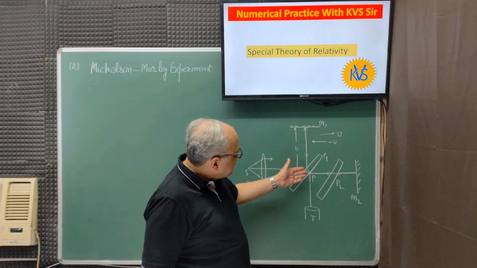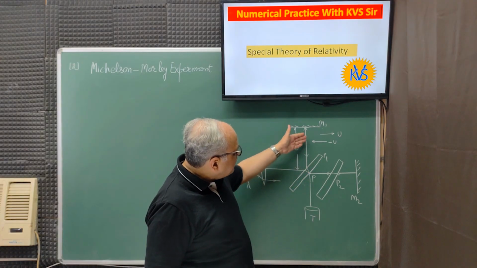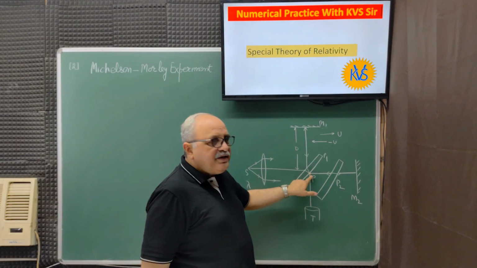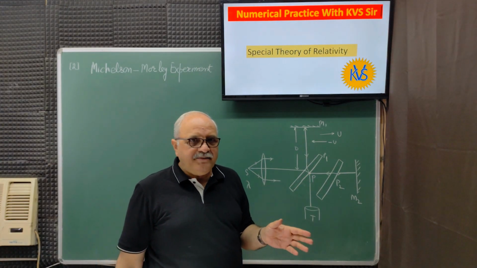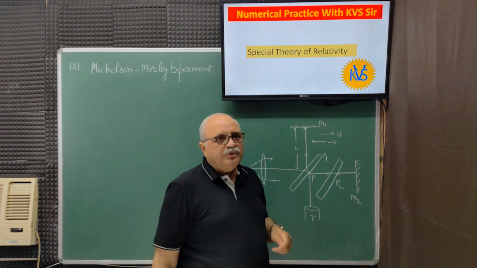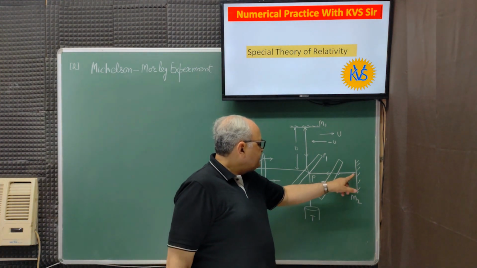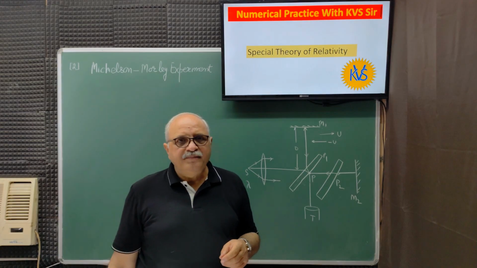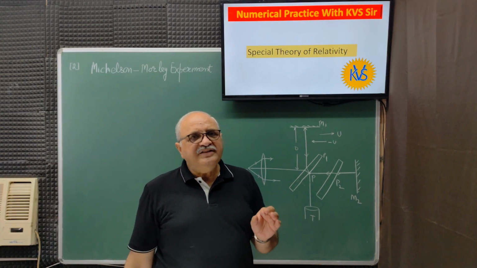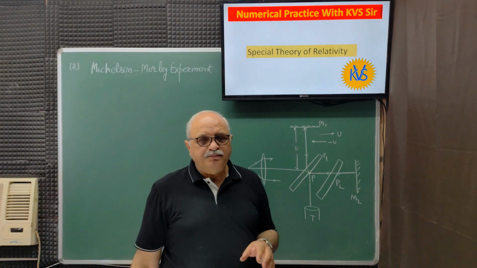So the light which is traveling perpendicular to this flow will return to the point P in a different time from the one going towards the mirror M2. So definitely there is a time interval between the two.